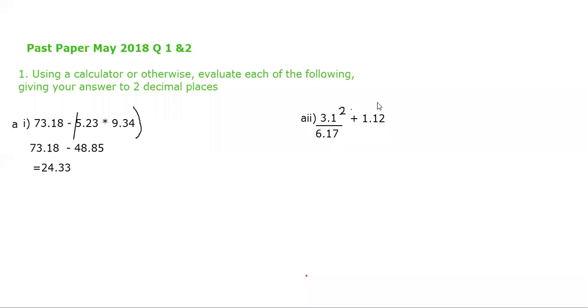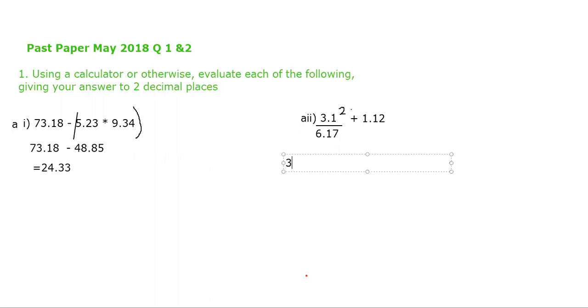Now, in this operation over here, right, you have 3.1 squared over 6.17, good, plus 1.12. Now, as I said before, operations such as multiplication and division have to be done first. Good. So let us have a separate thing over here for that.